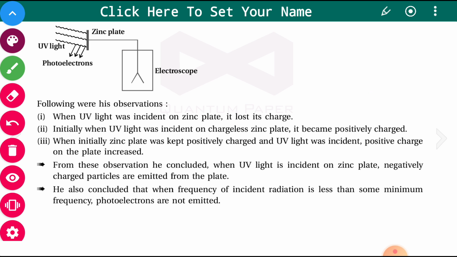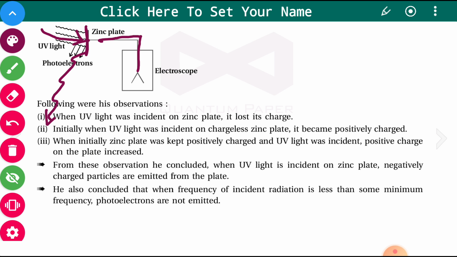When ultraviolet light was incident on the zinc plate, it lost its charge. Try to understand. The zinc plate is already negatively charged and connected with the electroscope, so the electroscope shows that it is a charged plate. Now when ultraviolet light is incident on the zinc plate, photoelectrons are emitted.